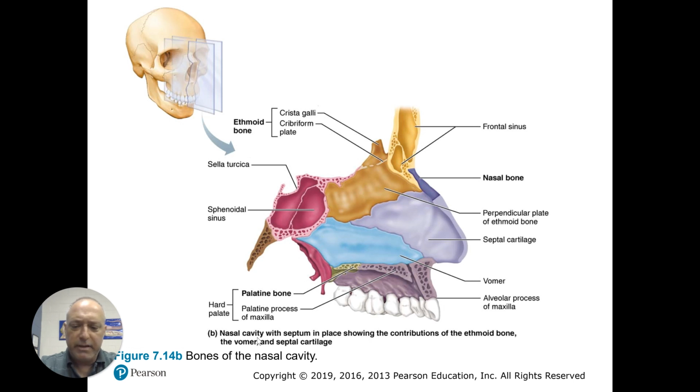Okay, so here we've got the nasal cavity with the septum showing the ethmoid, vomer, and septal cartilage. So we've got our nasal bone to orient you, the ethmoid superior to that, our frontal sinus, septal cartilage makes up most of the nose after the nasal bone.